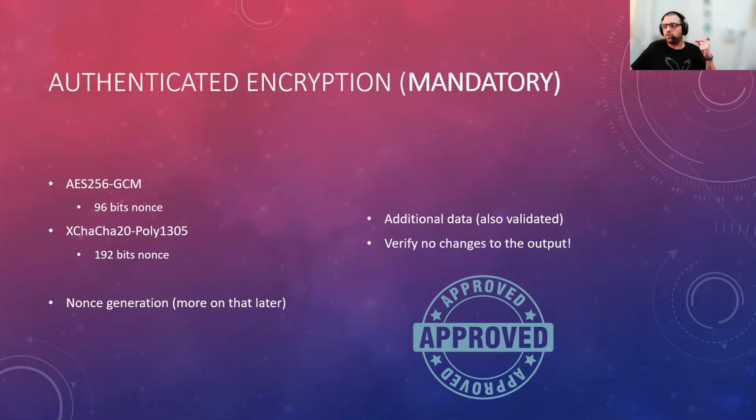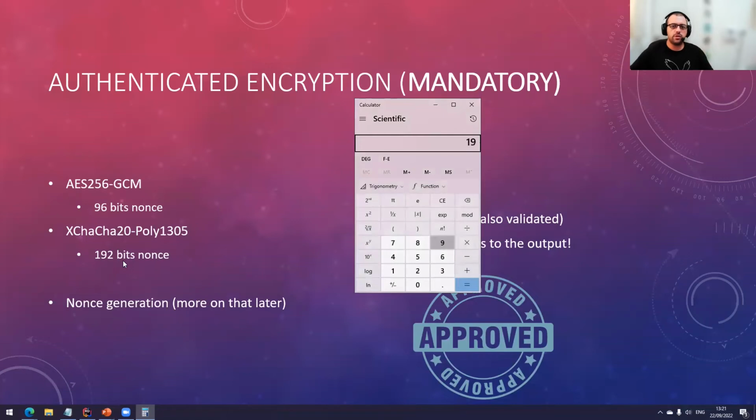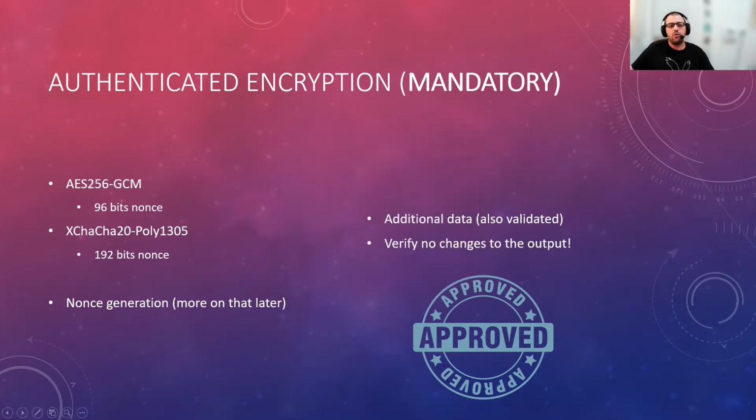If you reuse the nonce just once, you're killing your entire security system. We'll talk about this more later. With a 192-bit nonce, I have 2 to the power of 96 for the birthday problem, and that's far more secure.